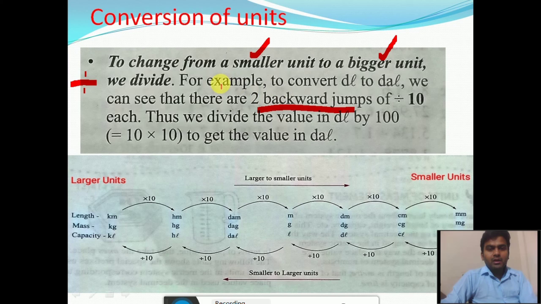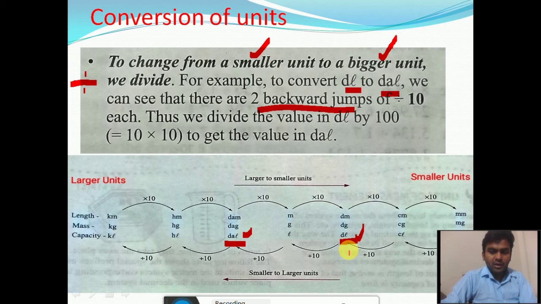For example, to convert the DL into DAL, if you have made the diagram in your mind, DAL is written here. Now you have to change this DL into DAL. Now where are you moving?